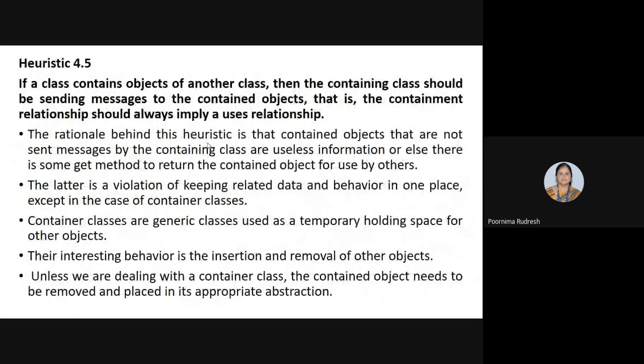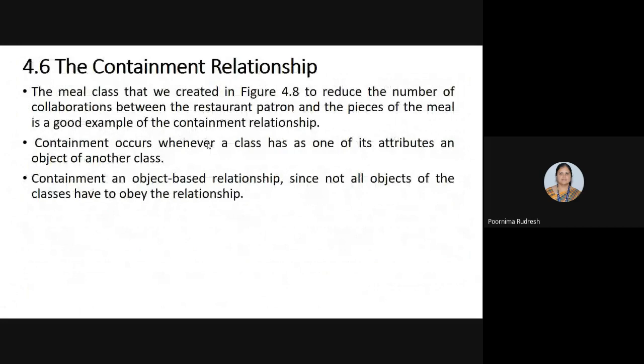So in the last class, I discussed the containment relationship. What is the containment class, and for what purpose are we creating it? In order to minimize the number of users relationships, we create a new class called the containment class, consisting of all the objects.